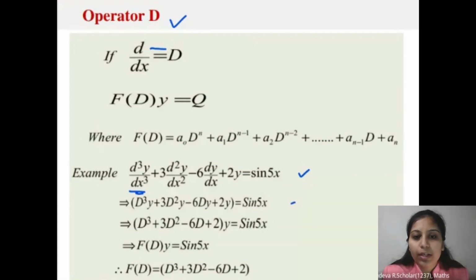Now we can take y common out. So this whole expression is some function of D into y, equal to the non-homogeneous part sine 5x. Every equation with constant coefficients can be written in this form.